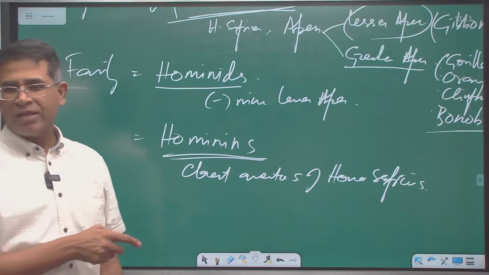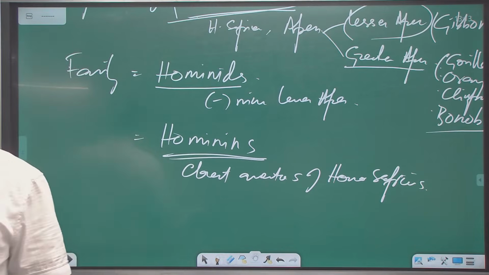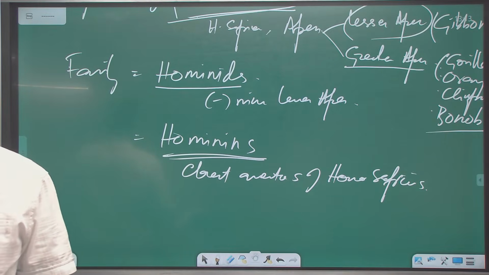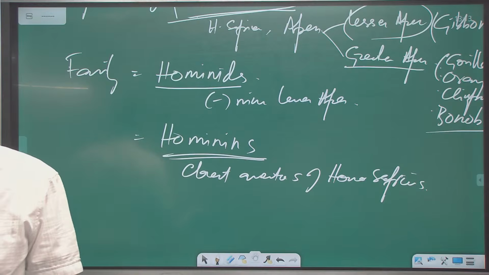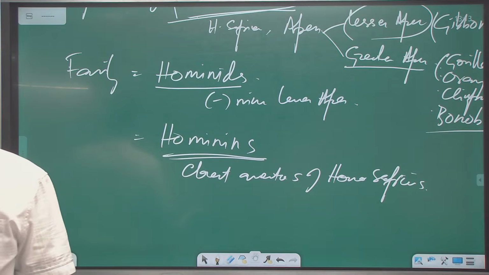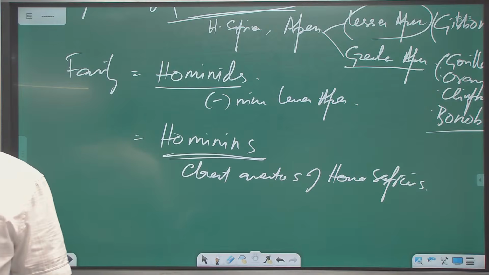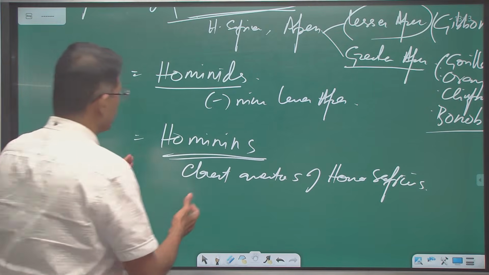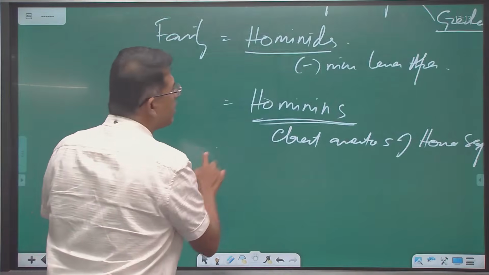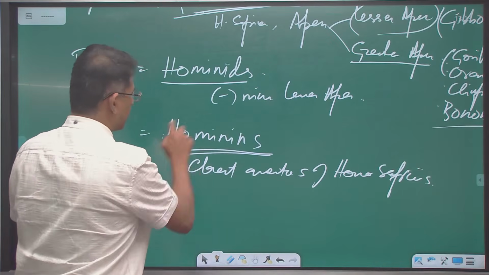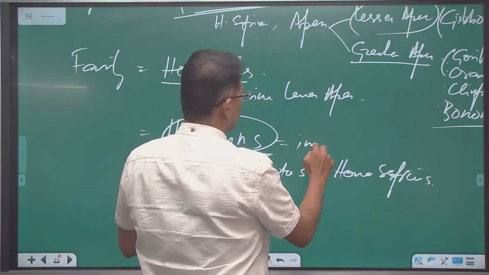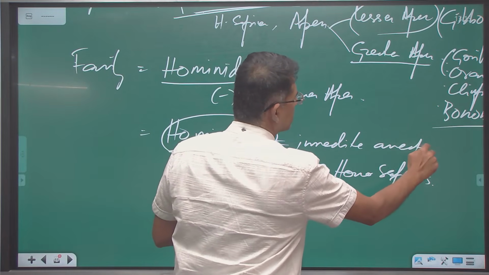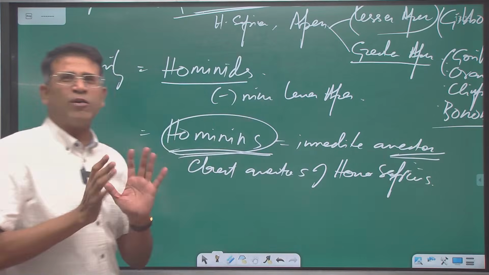Hominins. If you heard about Neanderthal man, it is not Homo sapien, but very close to human being. You heard about Homo erectus, the species that walked straight. Okay, so these are the immediate ancestors. ये terms पता होना चाहिए.